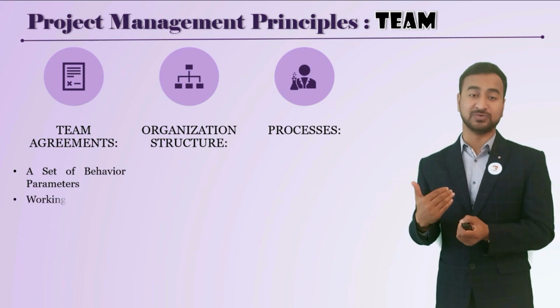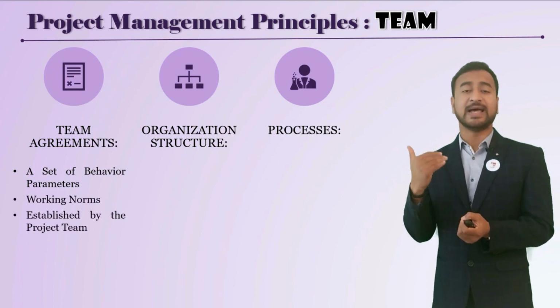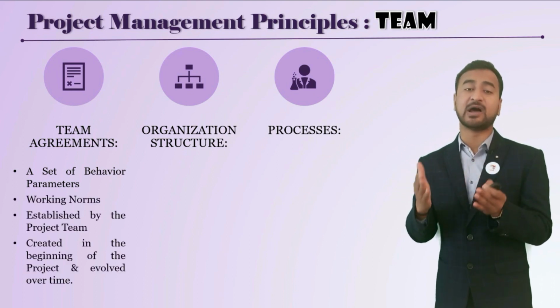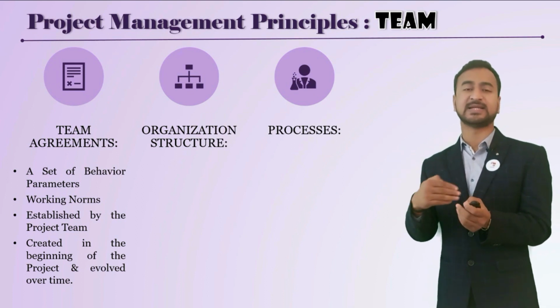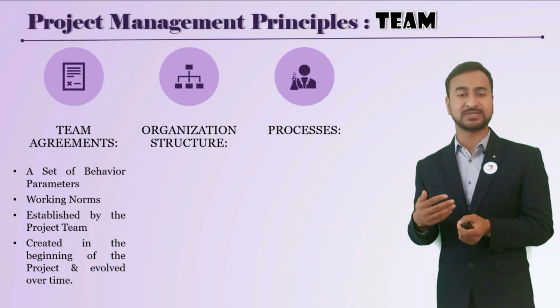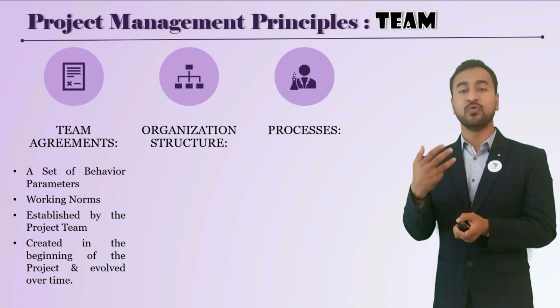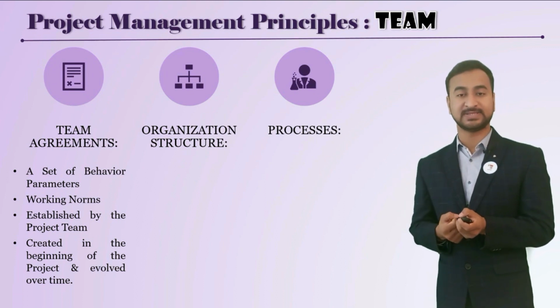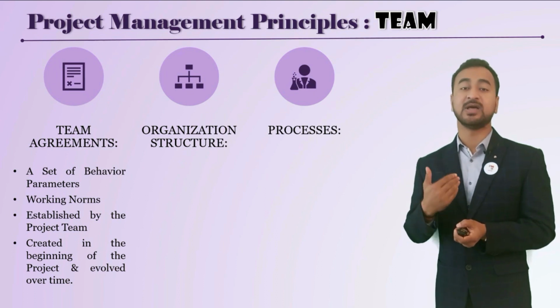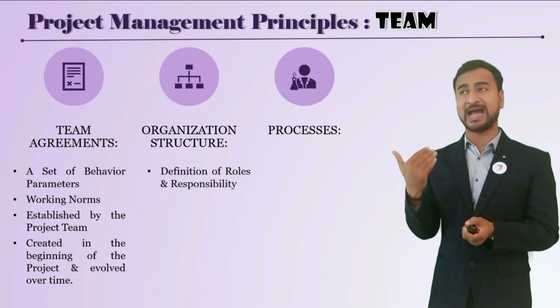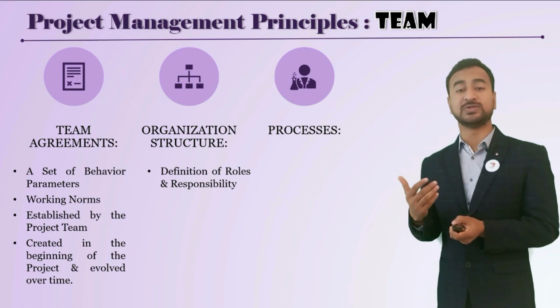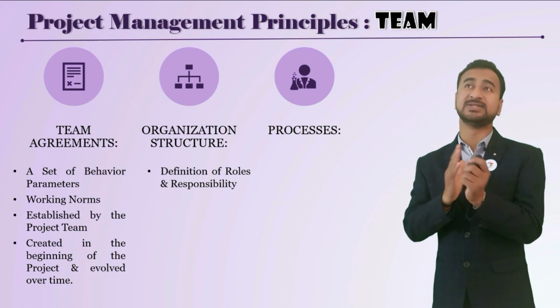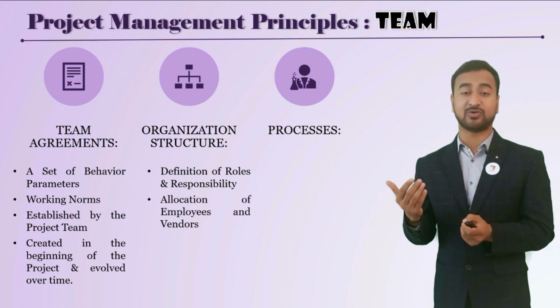by setting such ground rules. These are working norms established by the project team, and these ground rules need to be set in the very beginning, and throughout the project life cycle you keep on adding those things that add value for improving your team's spirit or team capabilities. Organization structure is the hierarchy: who reports to whom, the chain of command, the defined roles and responsibilities, so that no blame game happens later on.